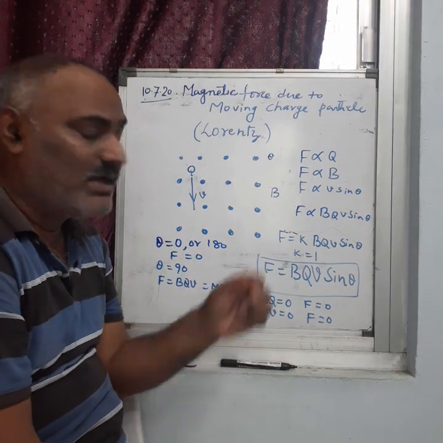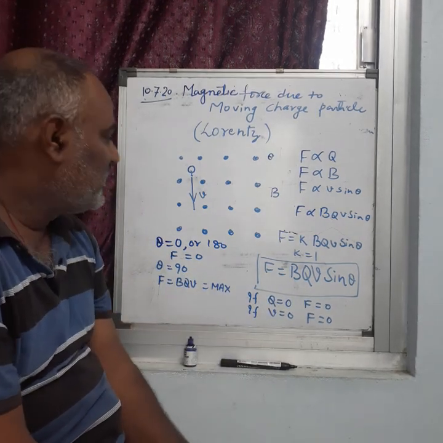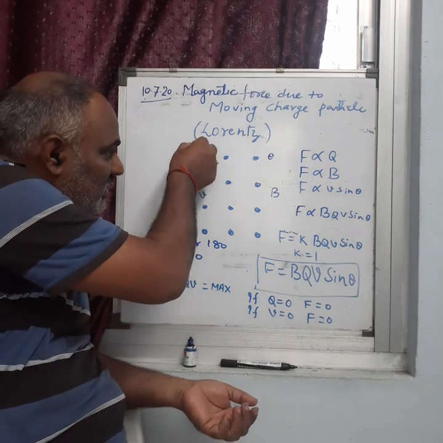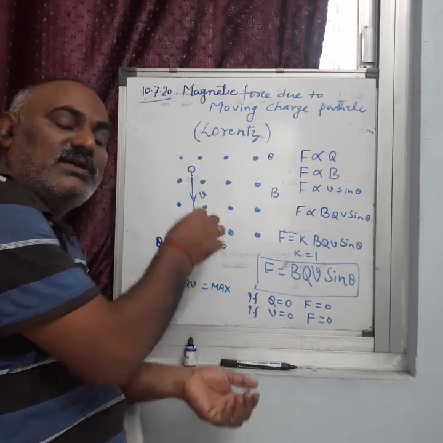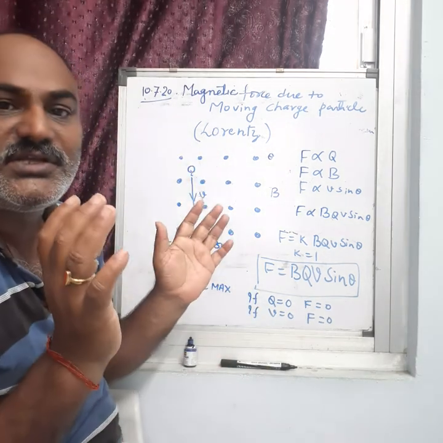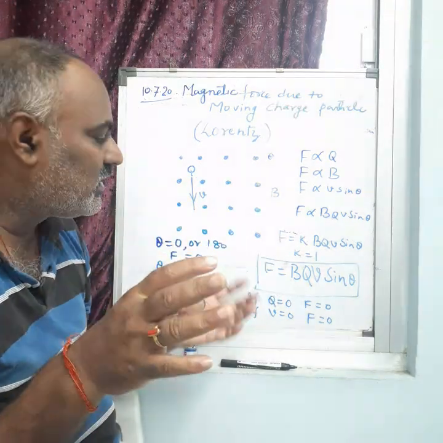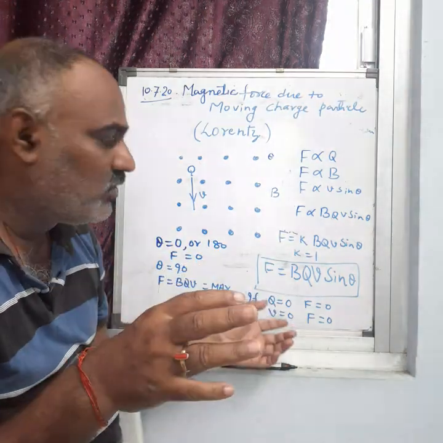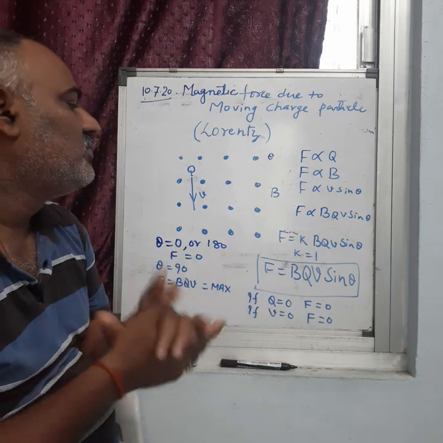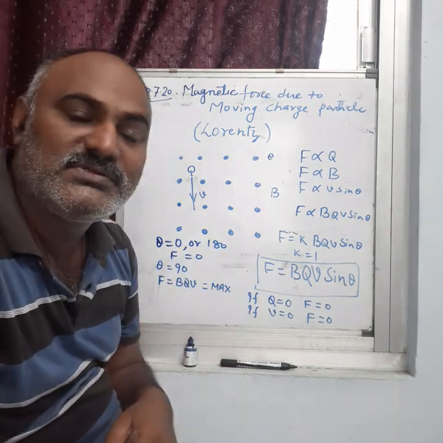If V is 0, the magnetic force is 0. If the charge enters the magnetic field but becomes stationary, it does not move, its speed becomes 0, and when speed becomes 0, the magnetic force becomes 0.